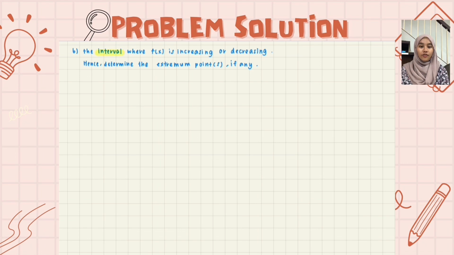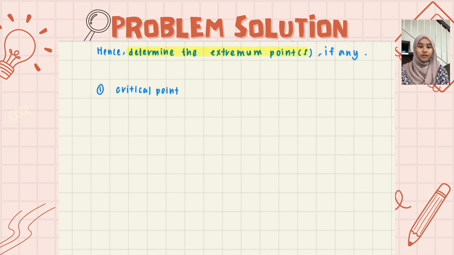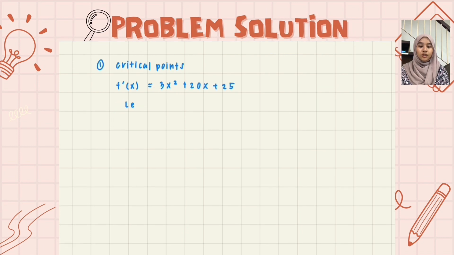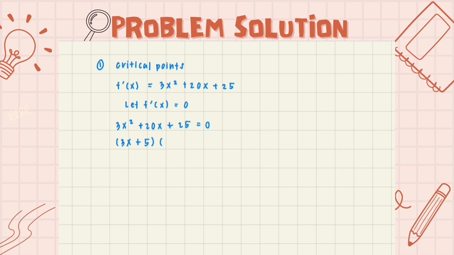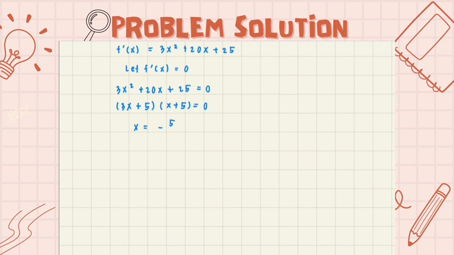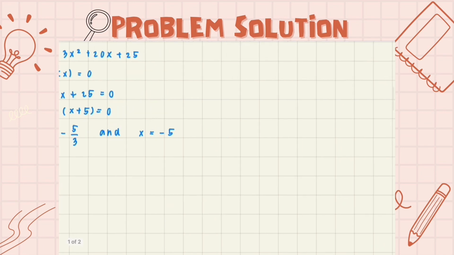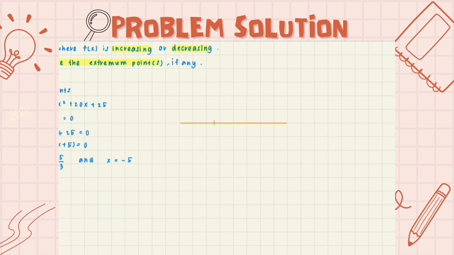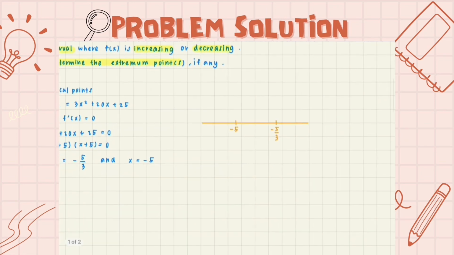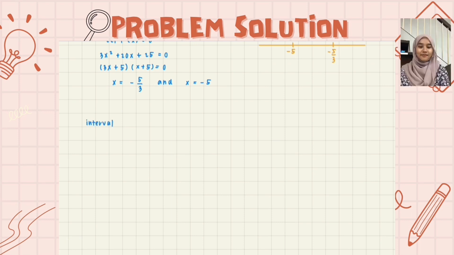Next, the intervals of increasing or decreasing. First and foremost, we need to find the critical points by differentiating f(x), and after that we set it equal to 0. Then we will get the critical values. Next, we will draw the test table.